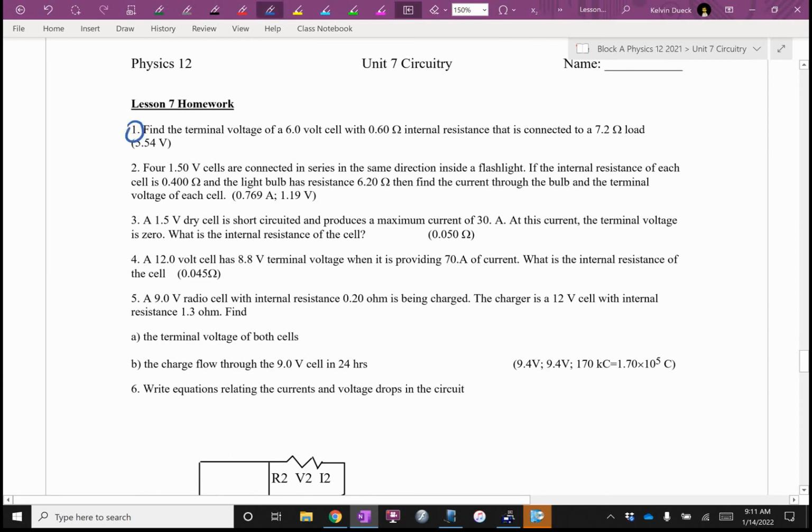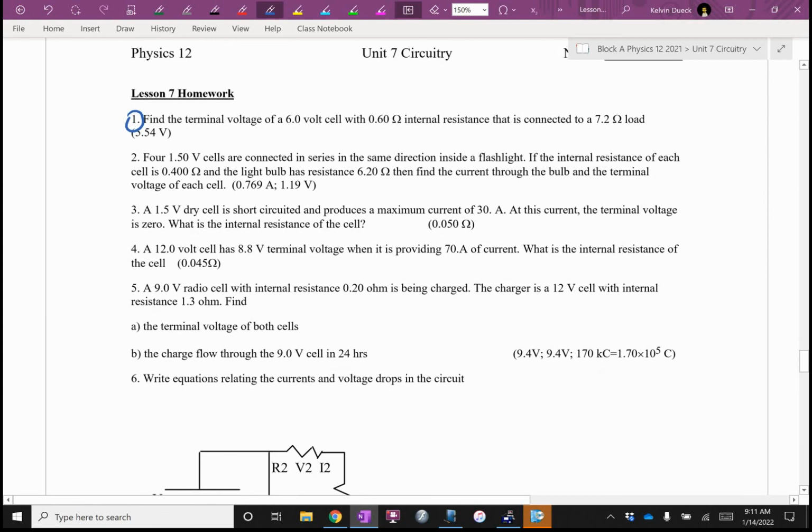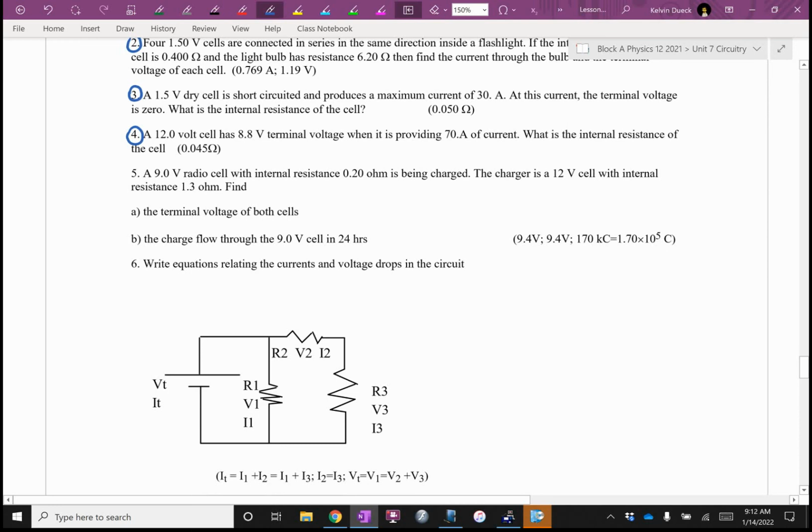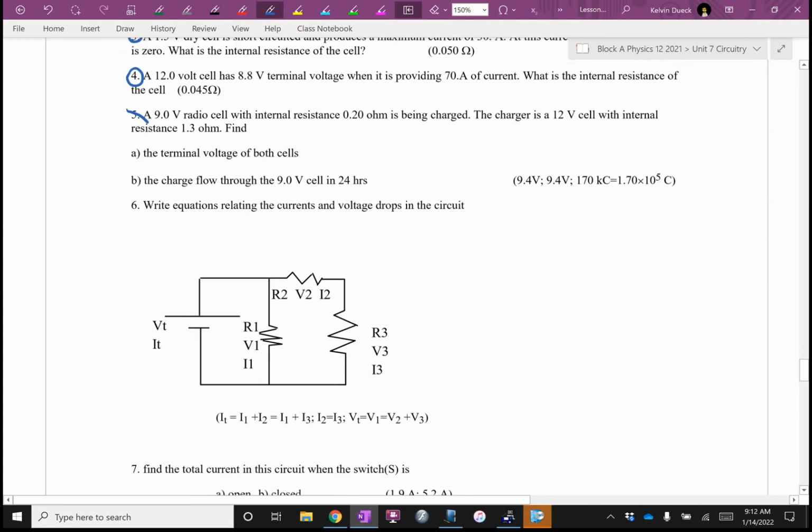What's your homework? You can try number 1. You can try number 2. Your hint for number 2 is, draw a little picture. 3 is good. 4 is good. You can skip 5.